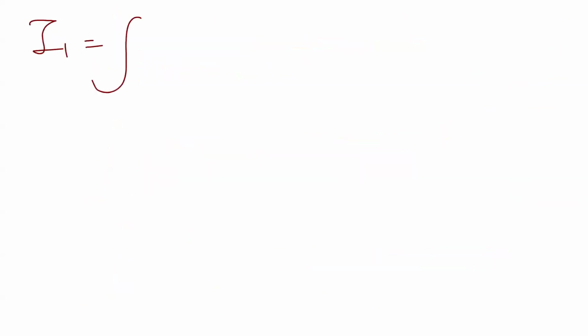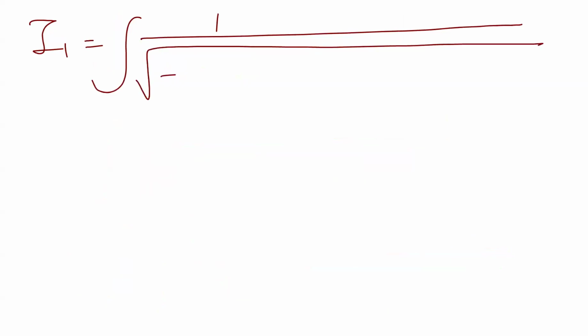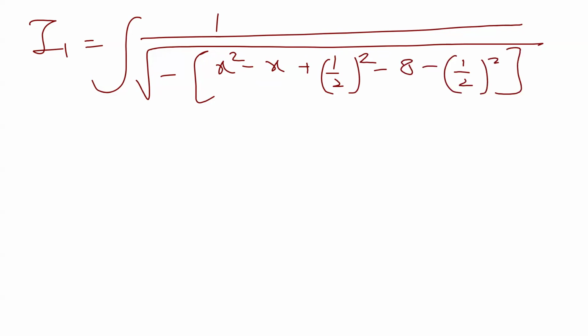So I1 is equal to integration root of minus x square minus x plus 1 by 2 the whole square minus 8 minus 1 by 2 the whole square dx.